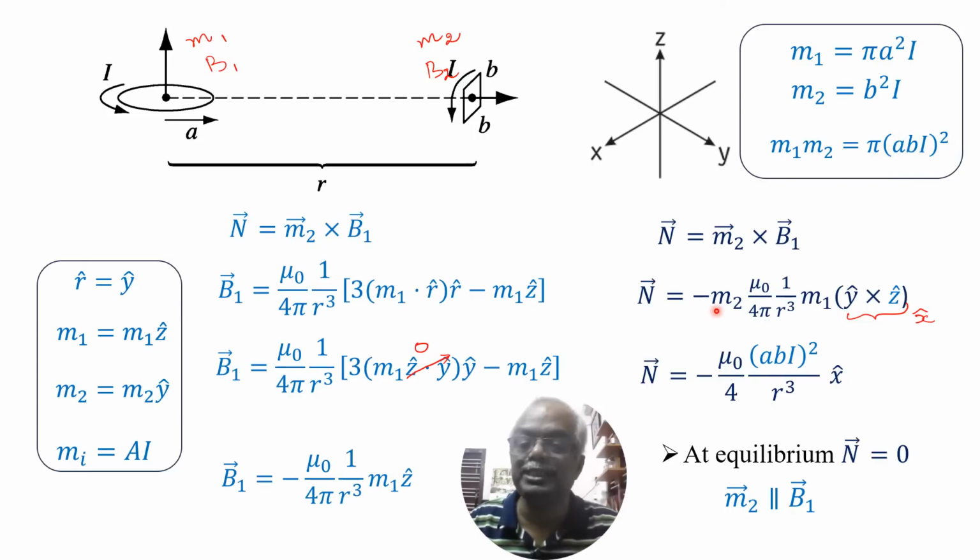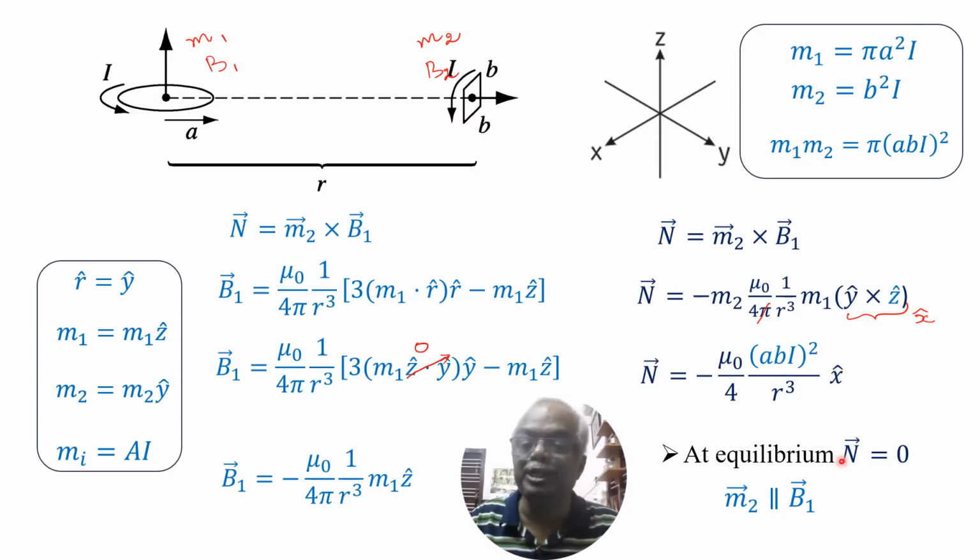I am replacing m1 m2 as a b I whole squared. This pi and this pi will get cancelled. So this will become mu naught over 4, m1 m2, a b I whole squared over r cubed, and y hat cross z hat is x hat.